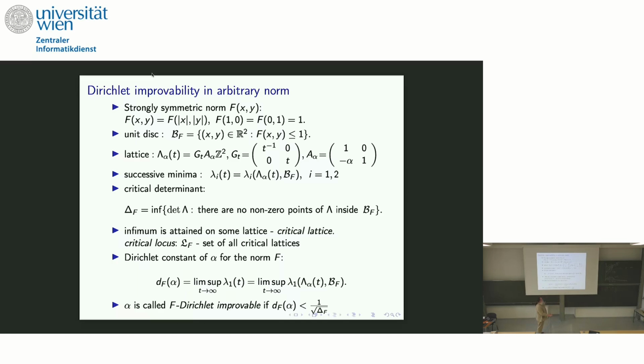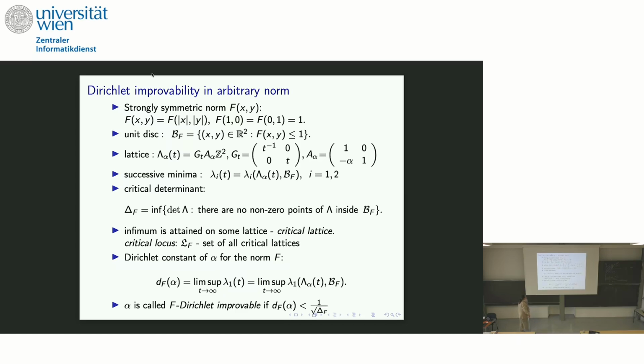Each such ball has a critical determinant, and when we speak about the critical determinant, there is a nice theory developed by Mahler. Critical lattices always exist. The set of critical lattices may be considered in the space of lattices.